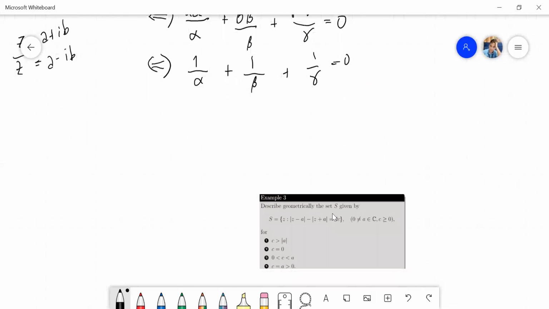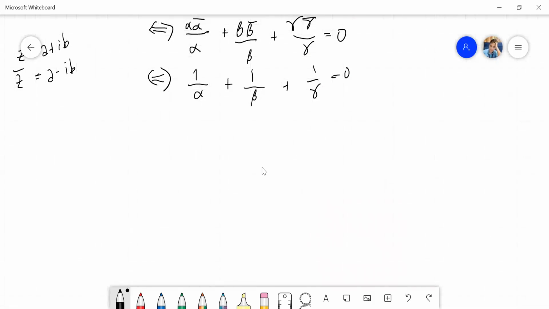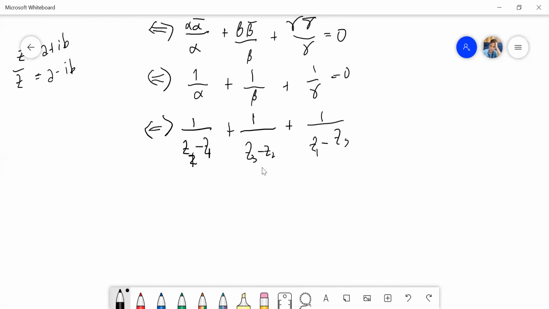In this case, I would have 1 over alpha, where alpha is Z2 minus Z1, your beta is Z3 minus Z2, and your gamma would be Z1 minus Z3.